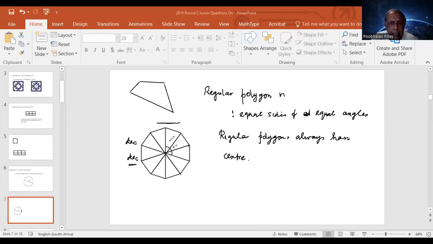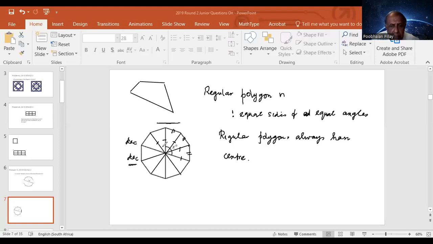So all these are equal, they're all radii. And the sides we said are equal. So you can put a double stroke like that. So all these triangles are congruent. You can see they're all 3 sides, you see? So they're all congruent, which means that all the angles are also equal.